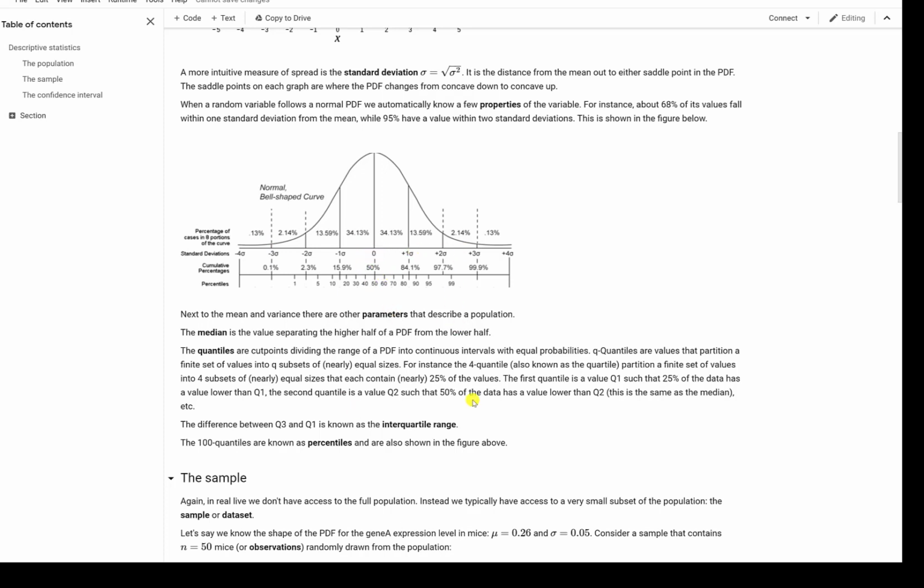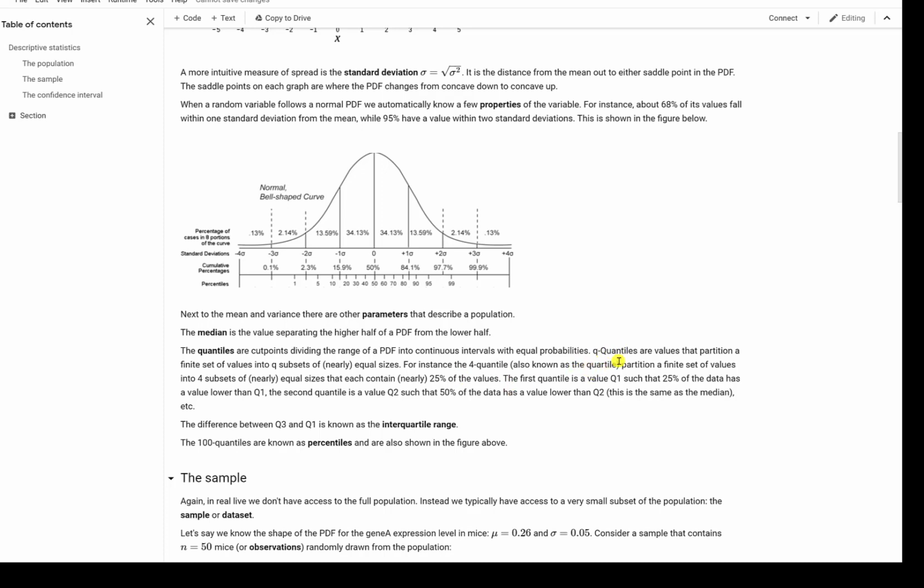Okay, there's also something called the quantiles. Right, as shown here, the quantiles are cut points dividing the range of a probability density function, so that would be this one, into continuous intervals with equal probabilities, right? So a well-known quantile is the quartile. In general we have q quantiles, so if we have 4 quantiles we call it a quartile.